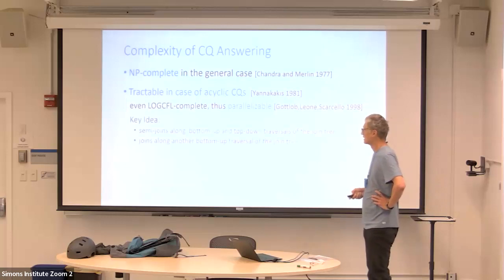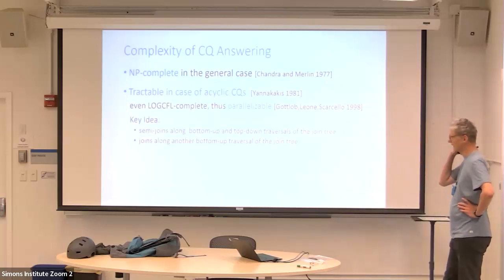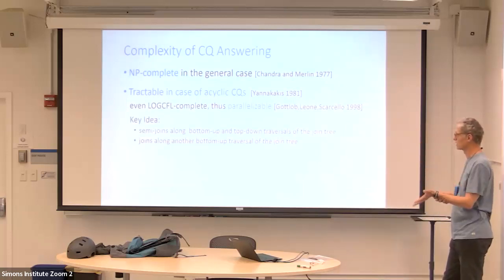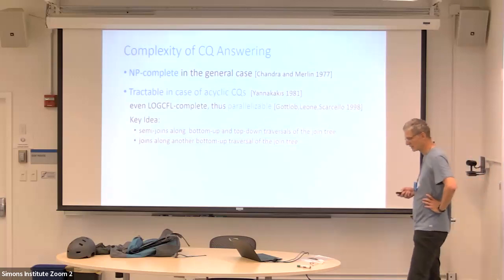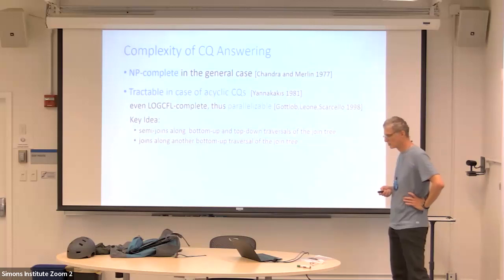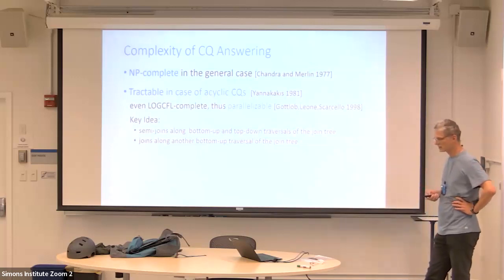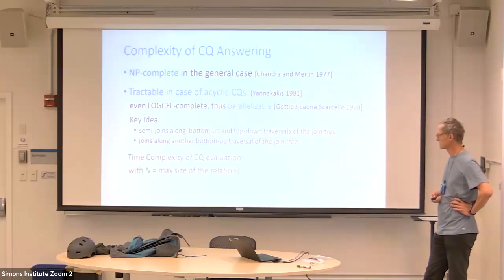And the idea of Yannakakis is to perform semi-joins bottom up in the tree, top down in the tree, and finally yet another bottom-up traversal. And these semi-joins have the purpose of eliminating so-called dangling tuples, tuples that do not contribute to the final result.